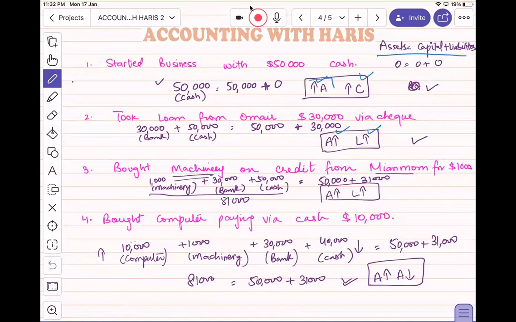So if the increase in assets gets debited, then in order to satisfy our double entry system, it is necessary that our capital gets credited. Similarly, if an increase in asset is debited, your increase in liability should be credited for you to satisfy both your accounting equation and the double entry system of debit and credit.